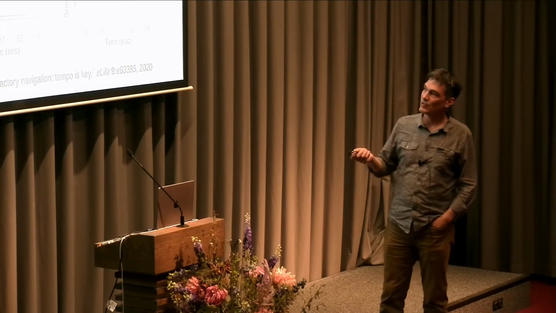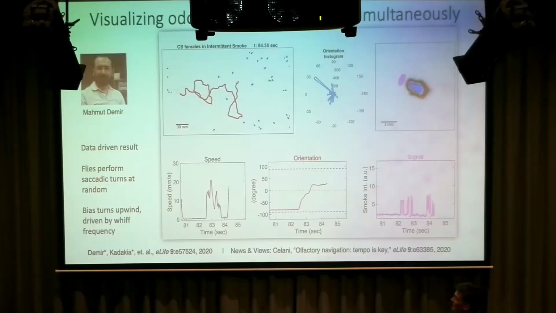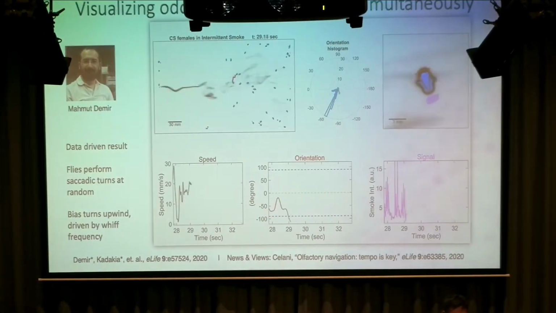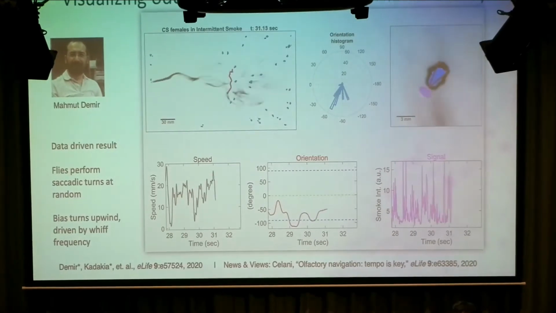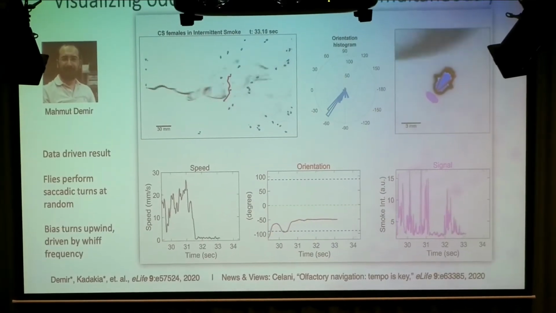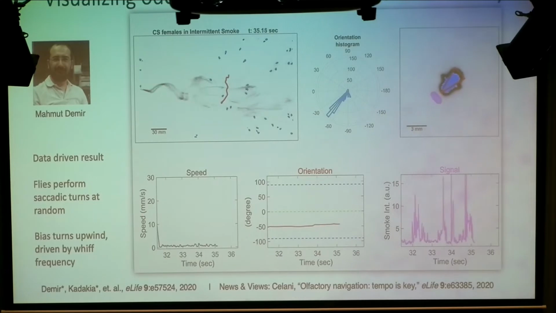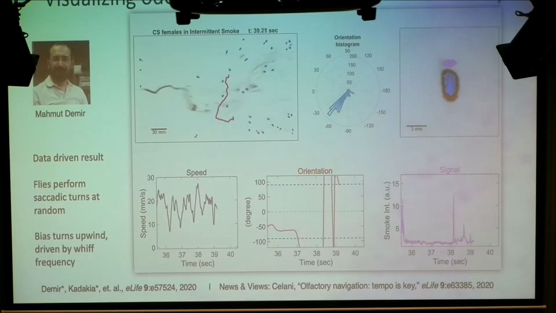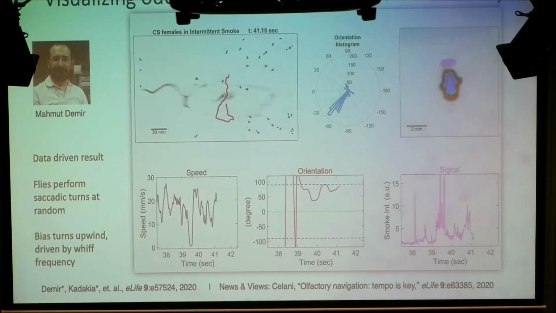And the basic result was that the flies in this type of environment were basically doing saccadic turns at random, but they would bias those turns in the upwind direction as a function of the whiff frequency. When the frequency of whiffs was higher, they would bias it upwind.